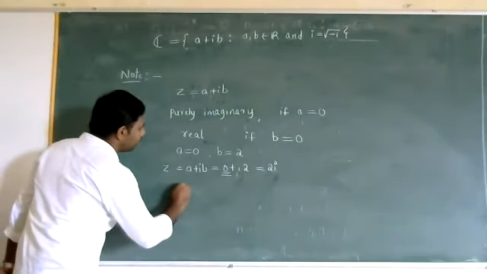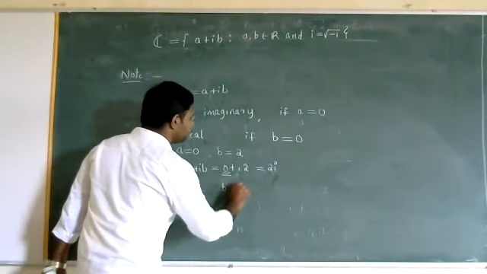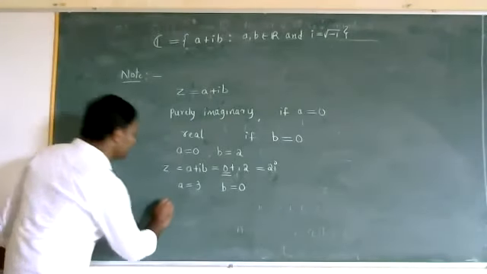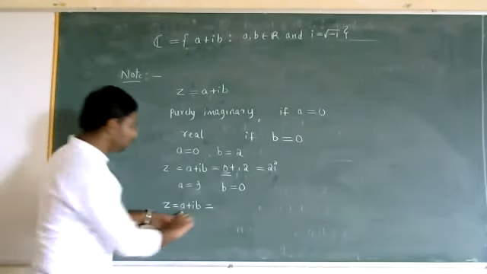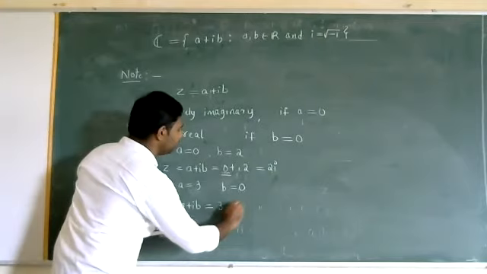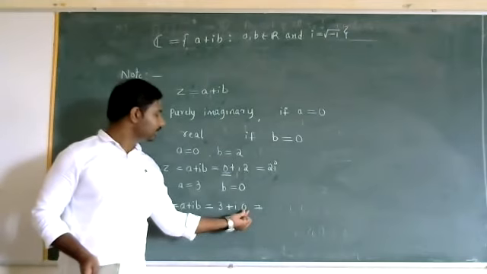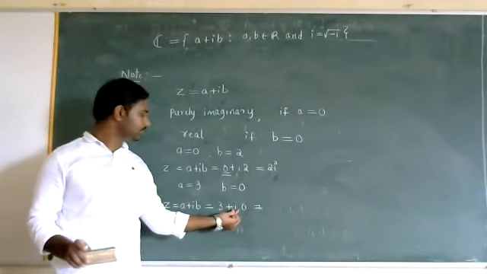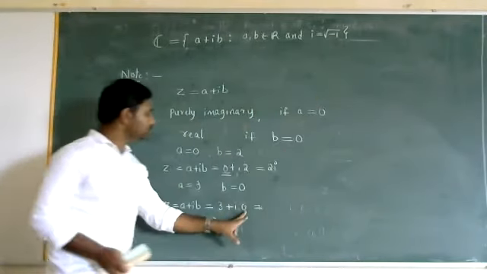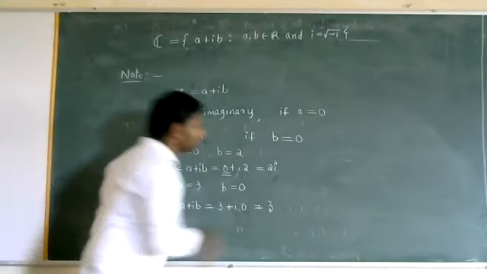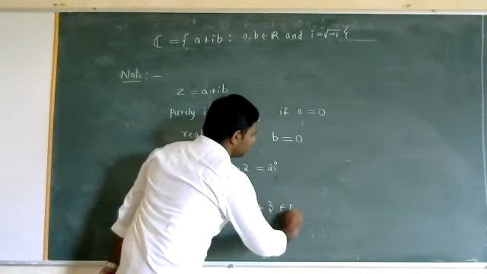Similarly, if I take a to be 3, and if I put b equal to 0, then what is the complex number a plus ib? I have 3 plus i into 0. And you know that 0 into any number is 0, because i is the symbolic constant square root of minus 1. So 0 into anything is 0, and I will be left with 3, which is a real number.